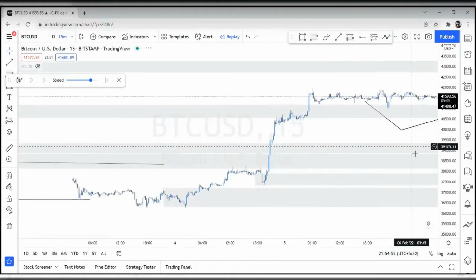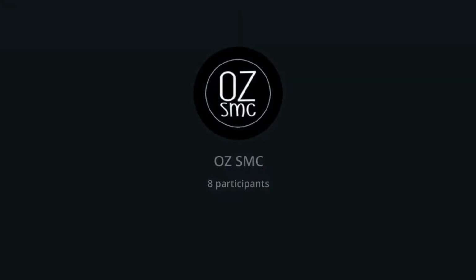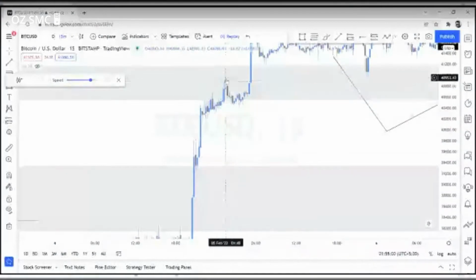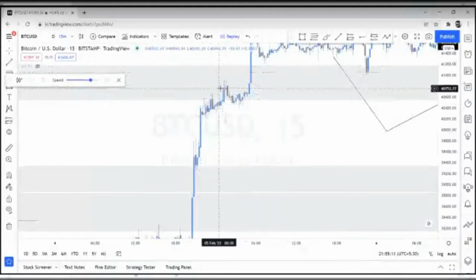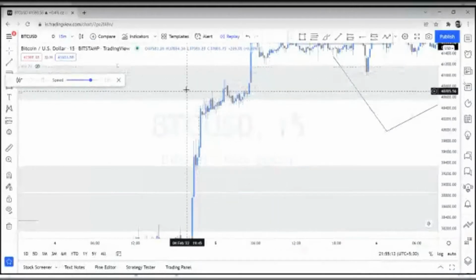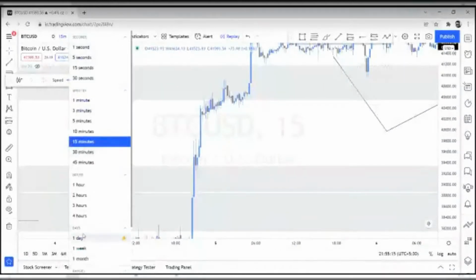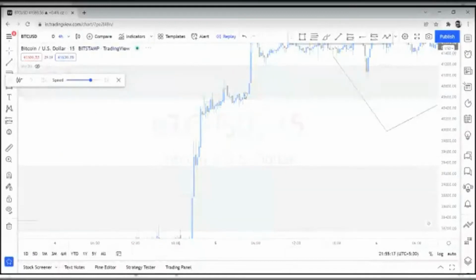Can you see right here? Price stopped here and then gave some kind of a pullback right here because of this hidden demand zone. If you're interested, leave a comment in the comment section. I will happily go through why this zone is a hidden demand and supply zone.